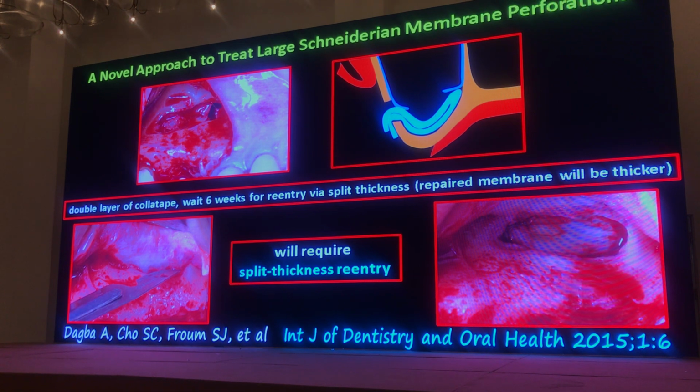So he started out with a thin membrane that perforated, now he's got a thick one. But it involves waiting and going in a second time, and it involves making the split thickness incision over the window. So it's a difficult procedure. I would rather, again, solve it the first time.